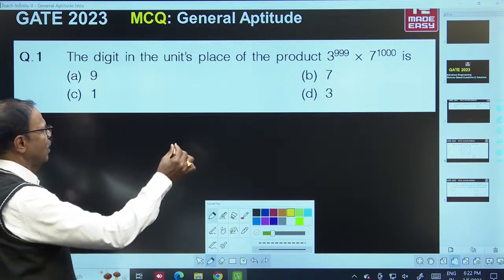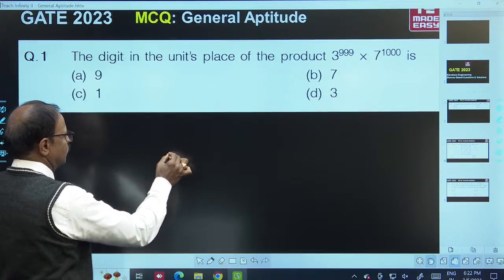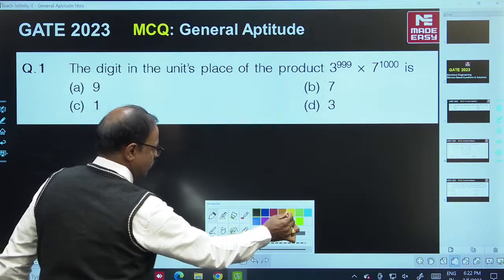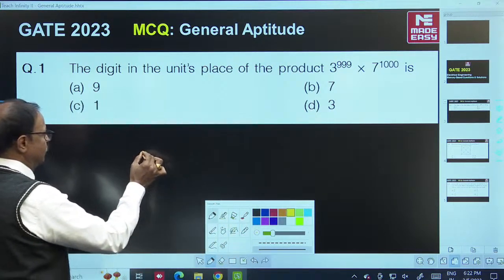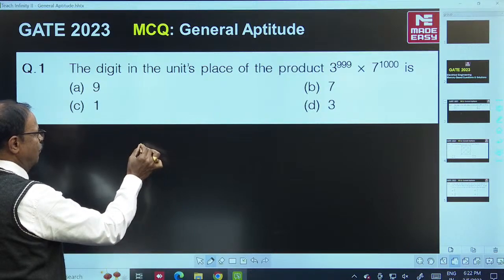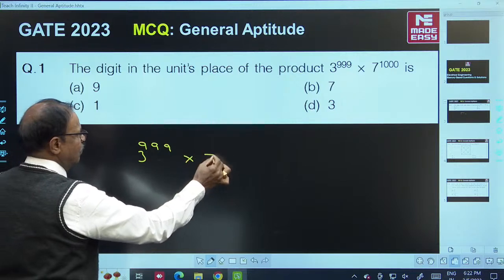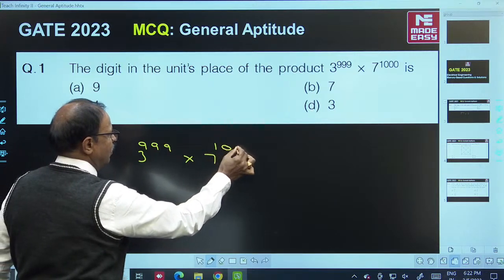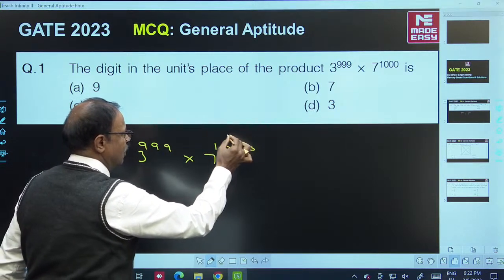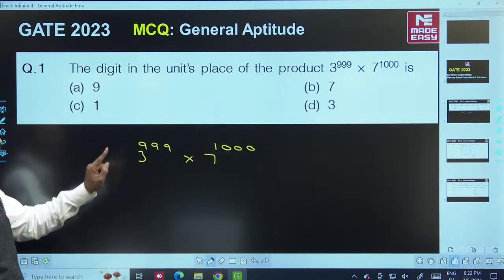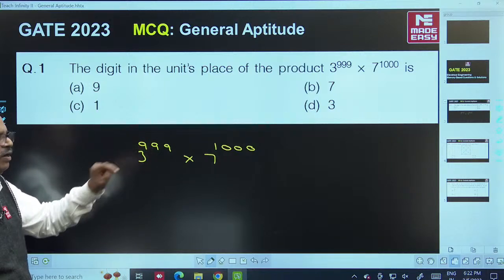See, 3 power 999 and 7 power 1000. Wherever 3 is given, wherever 7 is given, I told you in the classroom, you divide the power by 4 and consider the remainder.